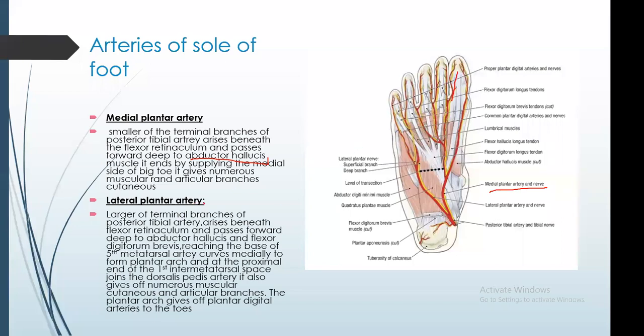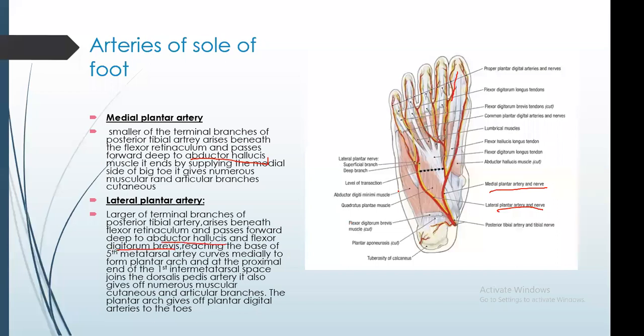The lateral plantar artery, larger of the terminal branches of the posterior tibial artery, arises beneath the flexor retinaculum and passes forward deep to abductor hallucis and flexor digitorum brevis.